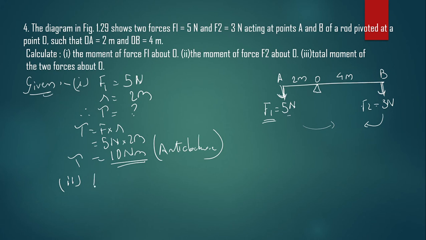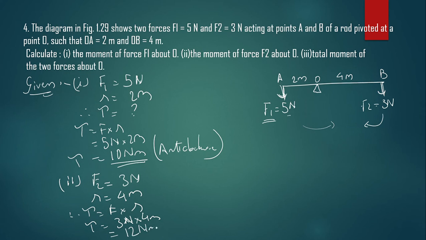Again over here the force F2 is given as 3 Newton and the distance is given as 4 meter. So again we have to find torque. Torque is nothing but force into distance. So torque will be 3 Newton into 4 meter, that will give us 12 Newton meter.